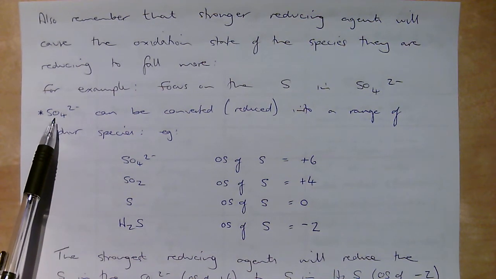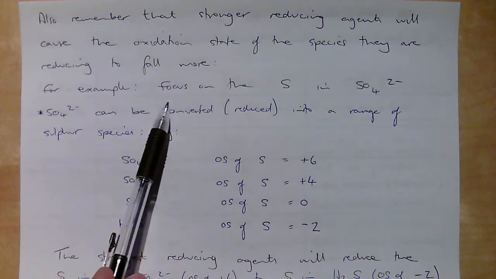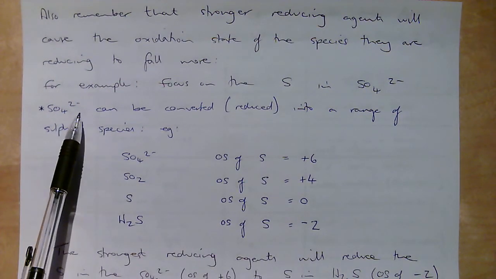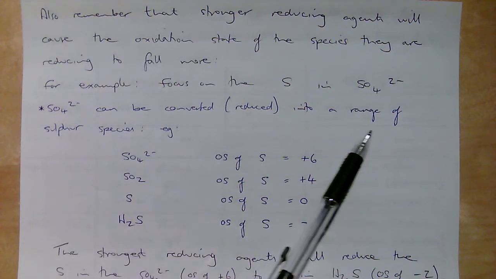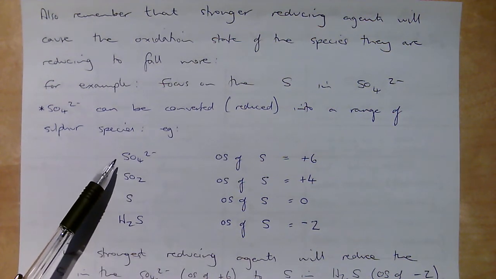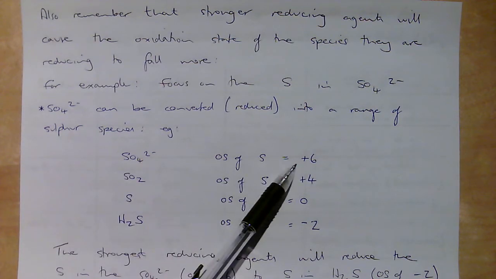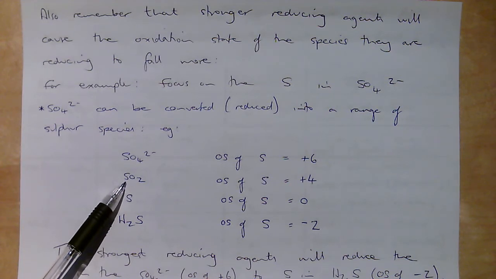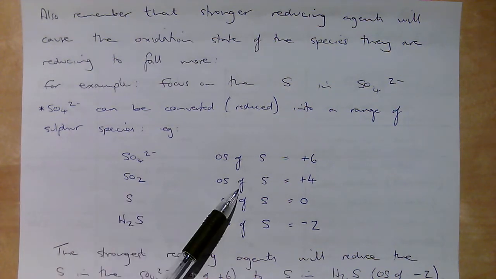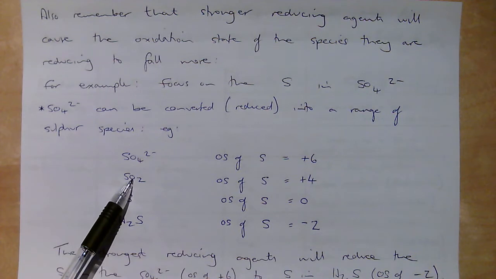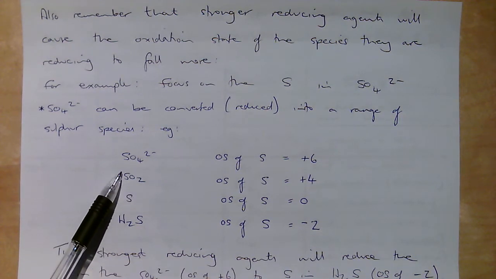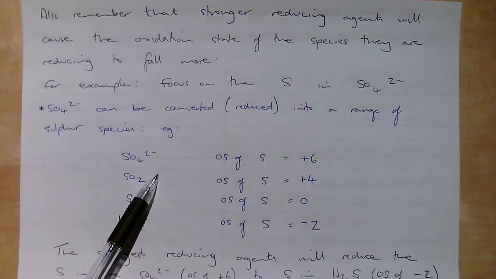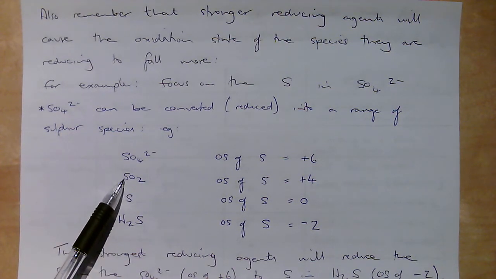So for example, focus on the S in the SO4 2-. SO4 2- can be reduced into a range of sulfur species. The oxidation state of sulfur in SO4 2- is, as we've just said, +6. The oxidation state of sulfur in SO2, sulfur dioxide, is +4. So 2 times -2 is -4, the overall charge on that species is 0, so if I'm at -4 and I want to get up to 0, the sulfur is contributing +4.